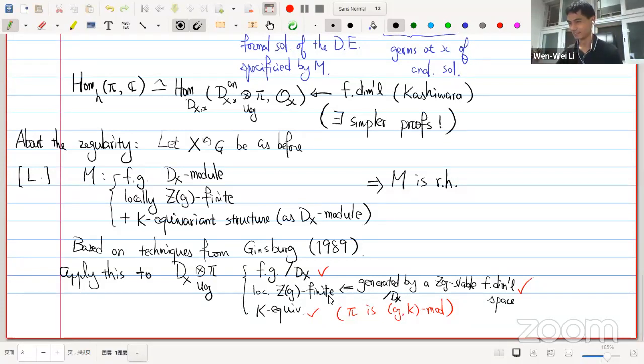But yesterday I found this to be somewhat non-trivial. Maybe that's trivial for you, but okay, I will return to this point later on. So this is the main tool, maybe the only tool I know to deduce regularity in this setting for the study of Harish-Chandra modules.